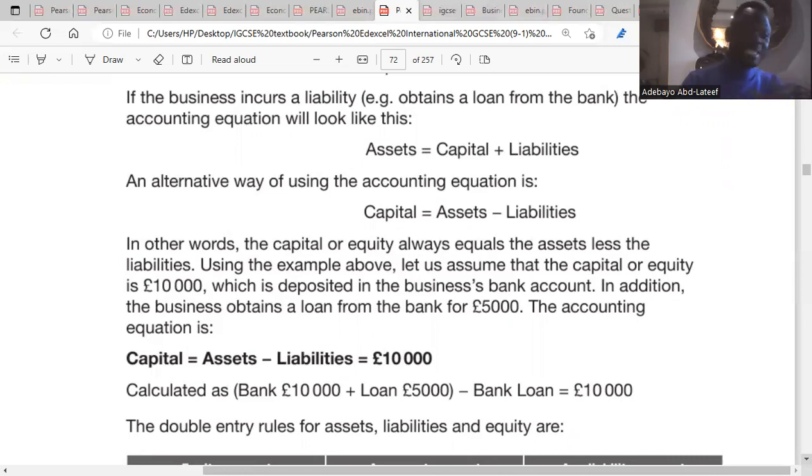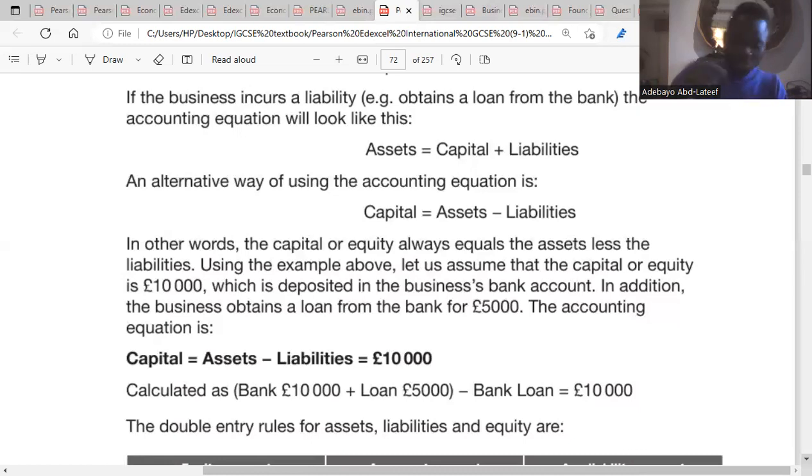The capital of the business is 10,000. The business obtains a loan of 5,000. So what is now the capital? Remember we said capital equals assets minus liabilities, right? Now the business has a capital of 10,000, which is equivalent to the cash.